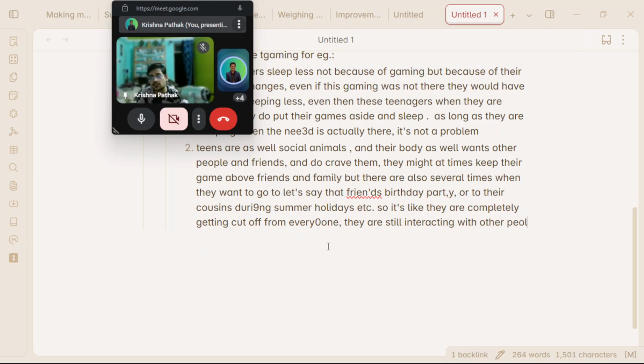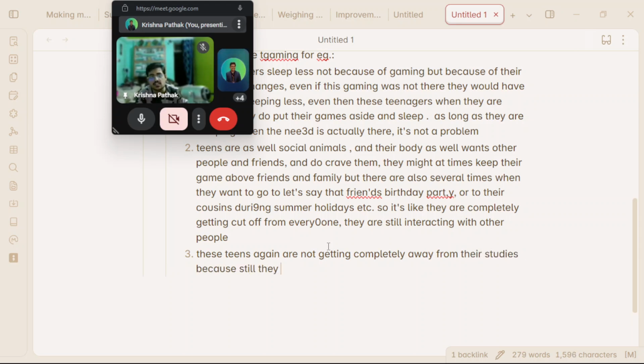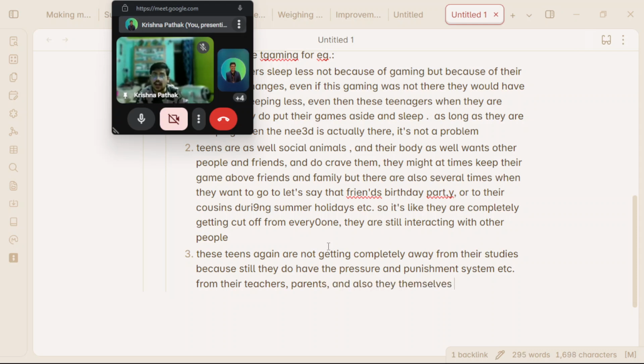Then they talked about how education is taking a step back. They are not completing their homework, etc. So again, I can say that these teens are not getting completely away from their studies, because they still have the pressure and punishment system from their teachers and parents, and they themselves have, like everyone, the urge of scoring more, right?